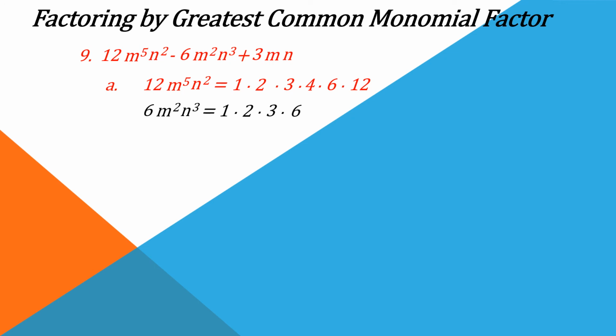It means 1 multiplied by 6 and 2 multiplied by 3 are all equal to 6. And the last is 3mn, and we have only 2 factors for 3, which is 1 multiplied by 3.